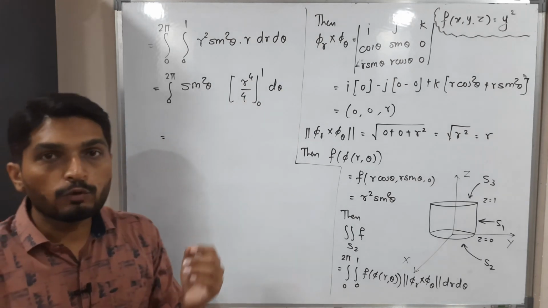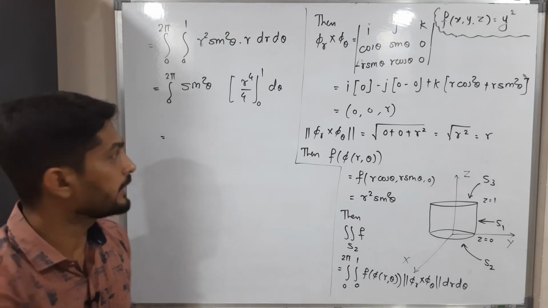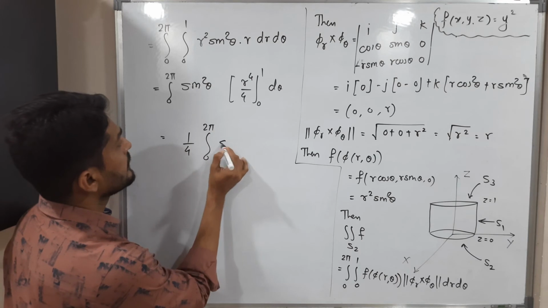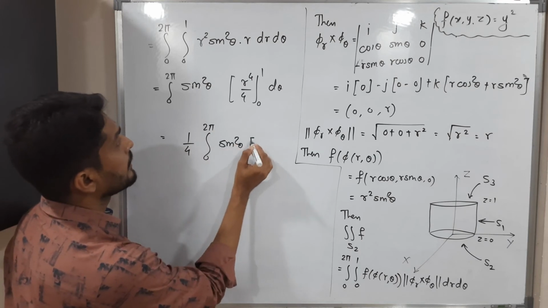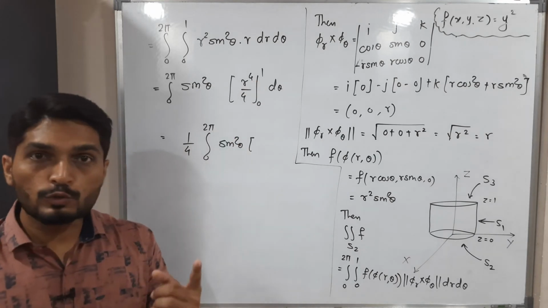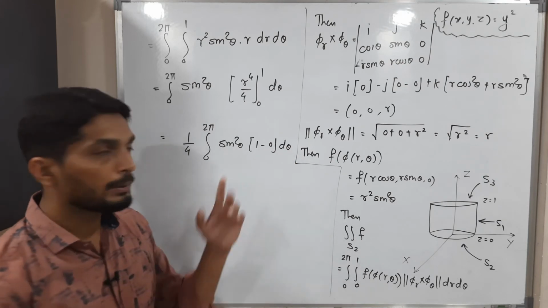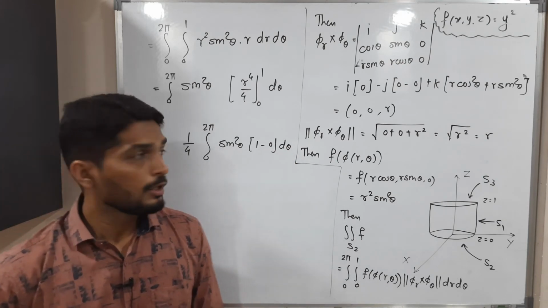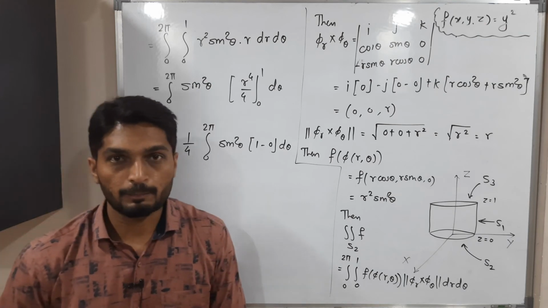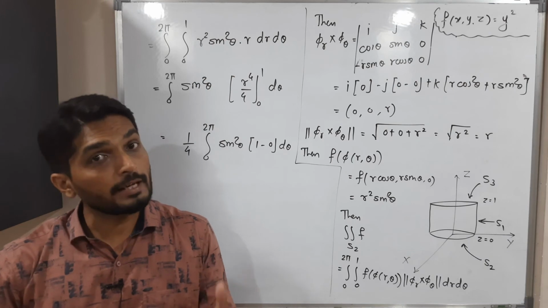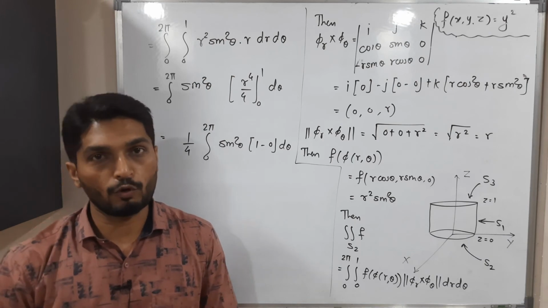That 1 by 4 is a constant, so it will come outside: 1 by 4, integral from 0 to 2 pi of sine square theta. If I put 1 raised to 4 it is 1, and 0 raised to 4 is 0, so 1 minus 0 is obviously 1. Only sine square theta is left there. But we cannot integrate sine square theta directly, so we need the help of a trigonometric formula.